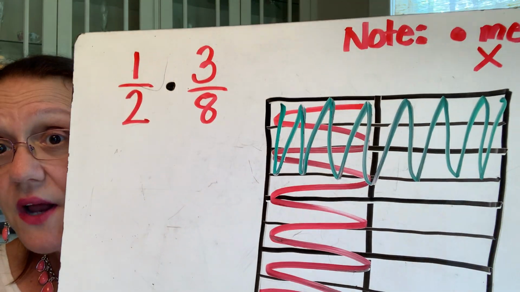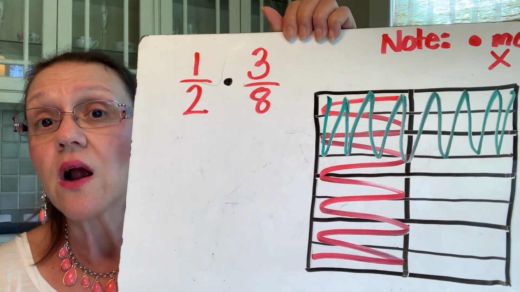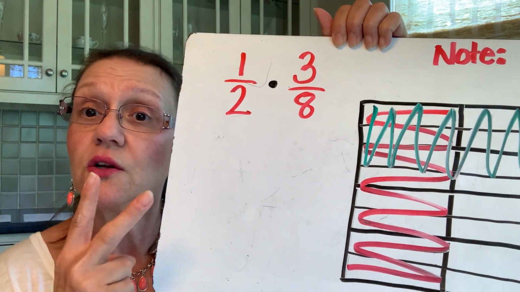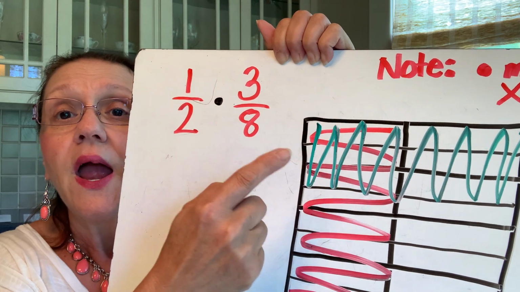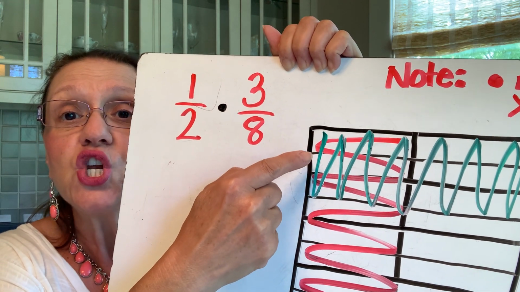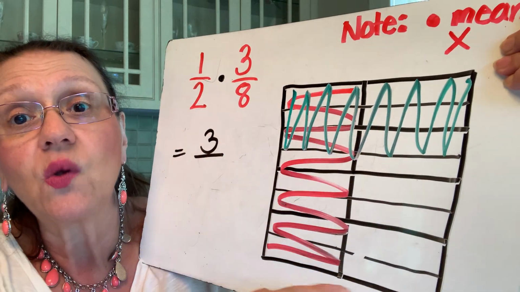Now my product is going to be the squares that are shaded with 2 colors. You can see that's right up here. And you can see I have 1, 2, 3 that have my 2 colors. So that's the numerator of my product. The denominator of my product is the total number of squares that I have.